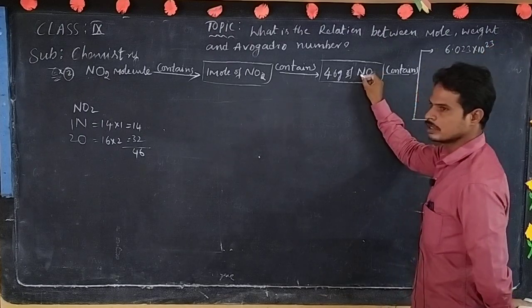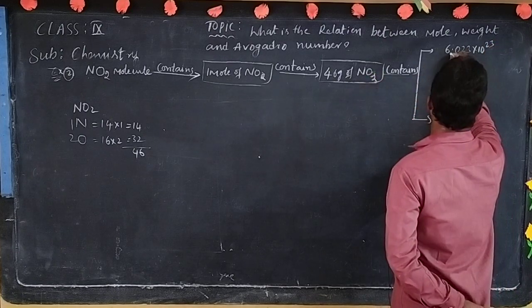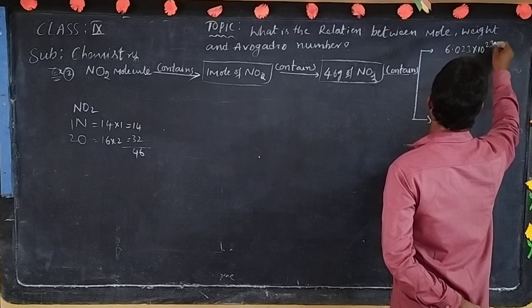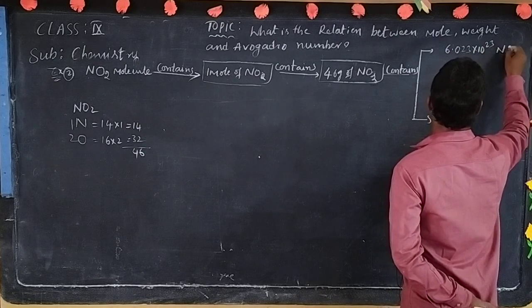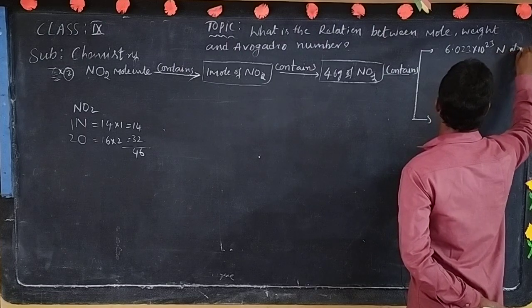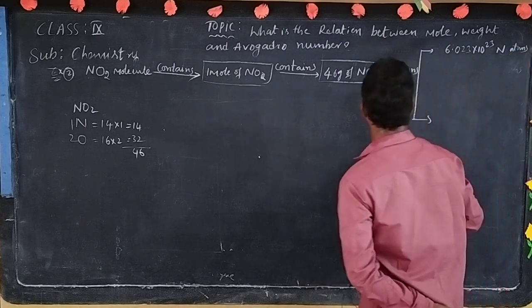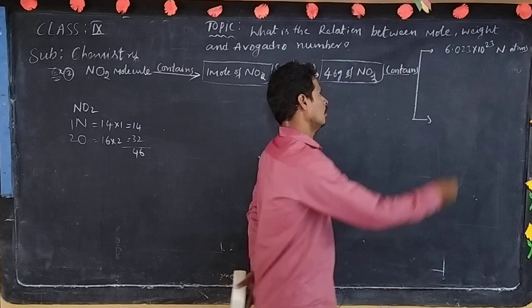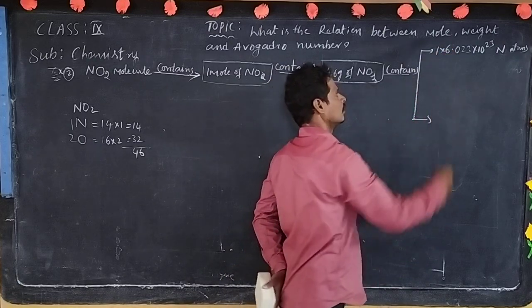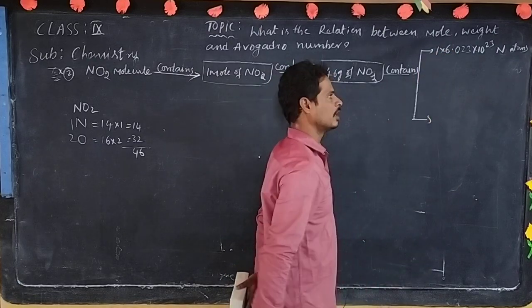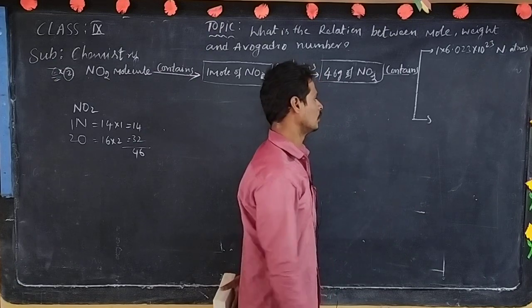So how many nitrogens are there? 1 nitrogen. That's why 6.023 into 10 to the power 23 nitrogen atoms. You may write 1 into 6.023 into 10 to the power 23; the same value will come. Whether you write it or not, no problem.